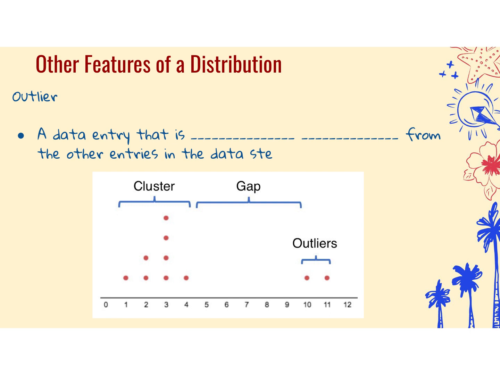We've also talked about outliers. They are data entries that are far away or far removed from the rest of the data set. Okay, you can see them over here. Our 10 or 11 there would be outliers. Outliers are always surrounded by gaps. That's how they get far away from the data.